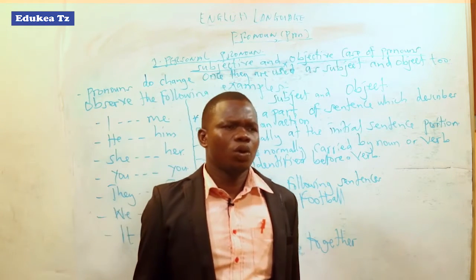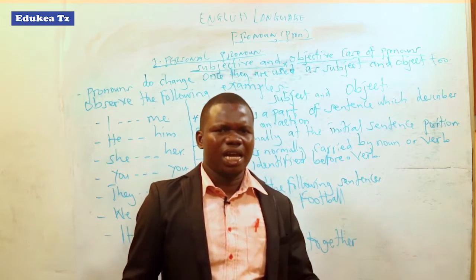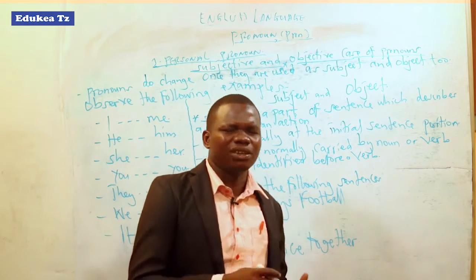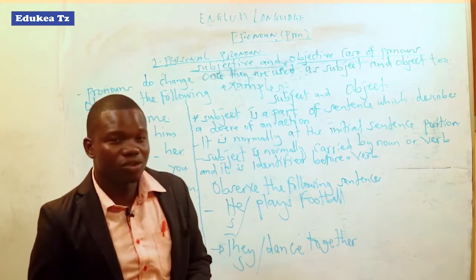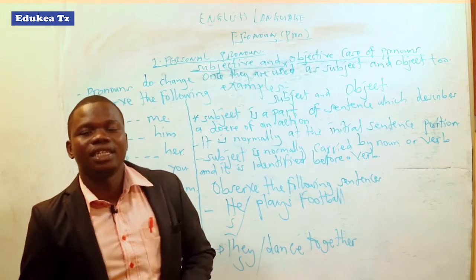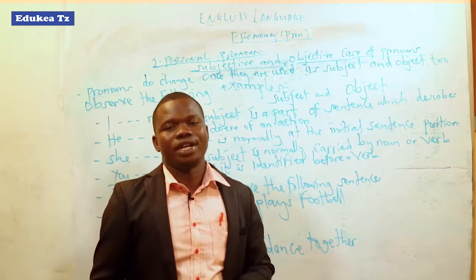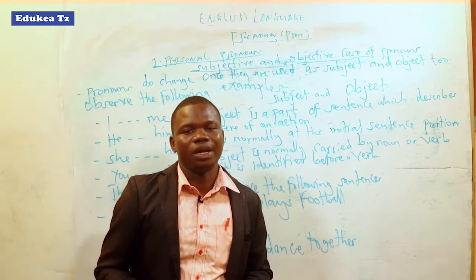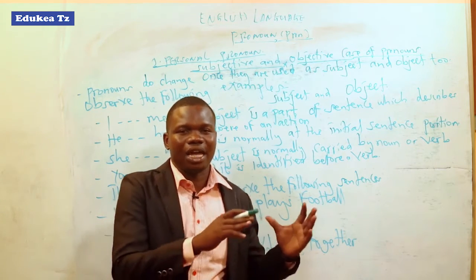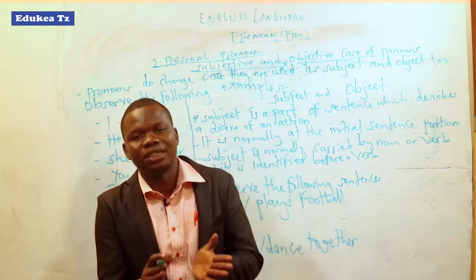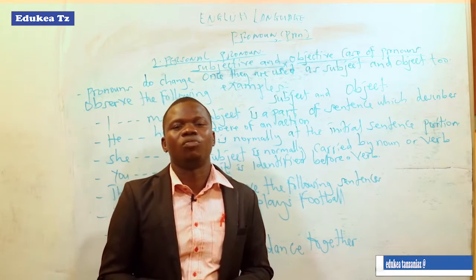So what does it mean when we are describing subject, object, subjective case and objective case? As we know, a sentence is a group of words, but these words are in subject and object form with a complete meaning.